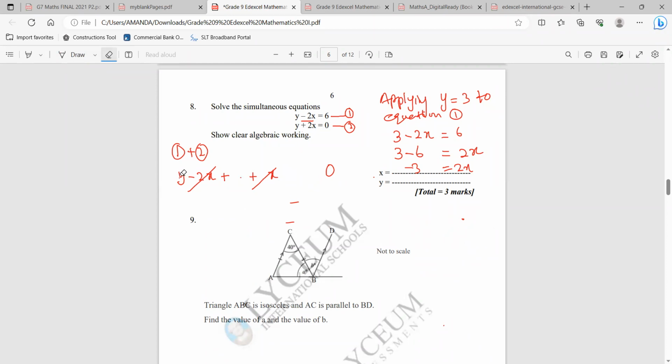Let's look at question number 9 quickly. Geometry.